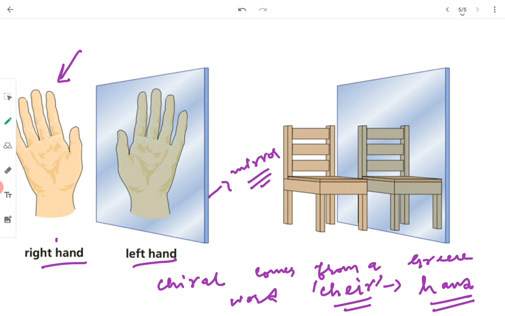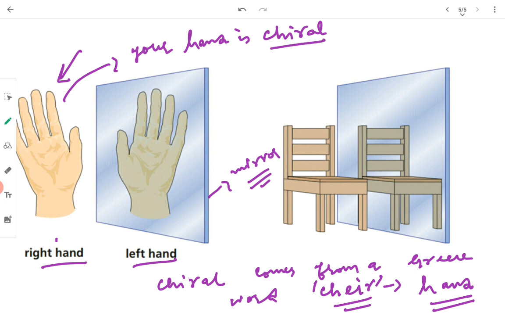Why is it so? We say that your hand is chiral. So not only molecules are chiral, objects can also be chiral.